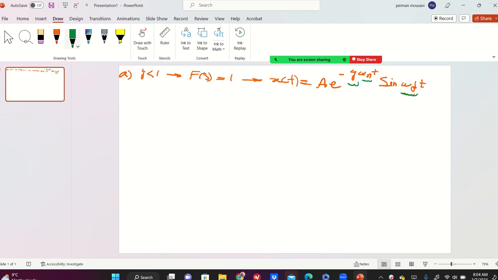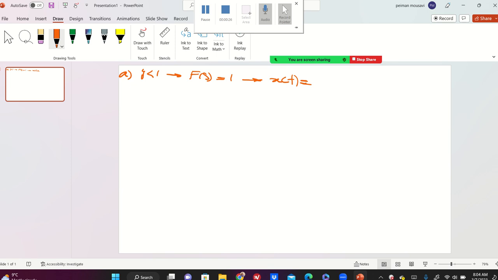Okay, so in the previous class for second order system, for the case of underdamped system, meaning zeta is smaller than 1, we applied the input of an impulse of size 1, and we got that the solution of that system, mass spring damper, or any second order system, is like A e^(-zeta omega_n t) sine(omega_d t).